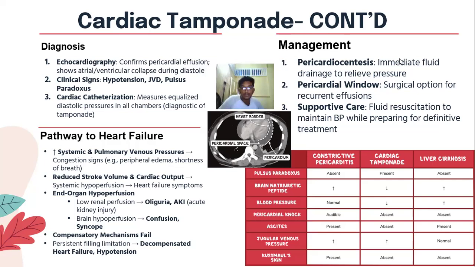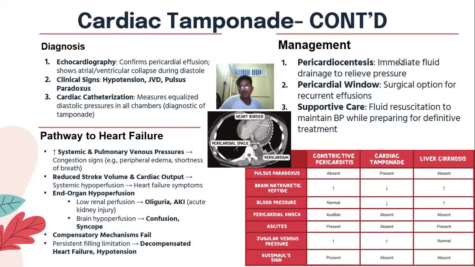Now, before we go to diagnosis, let's talk about how this can actually trip us into heart failure. The progression of cardiac tamponade leads directly to heart failure due to persistent limitations on diastolic filling and overall cardiac output. First, increased systemic and pulmonary venous pressures.